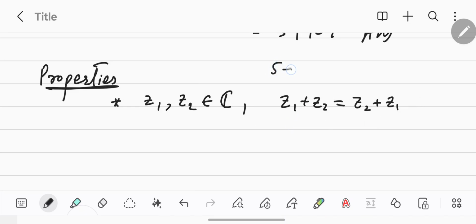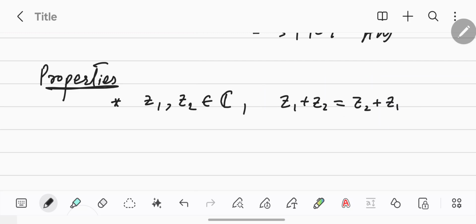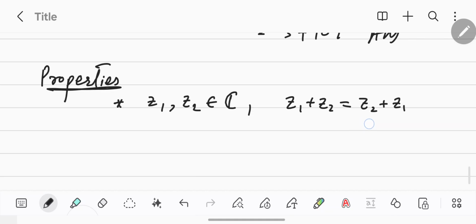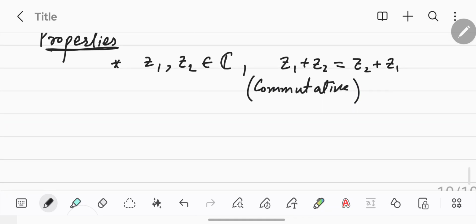Just like either you add 5 in 2 or you add 2 in 5, you get the same result. So just like real numbers, this is called the commutative law. The commutative property. So I have written commutative.